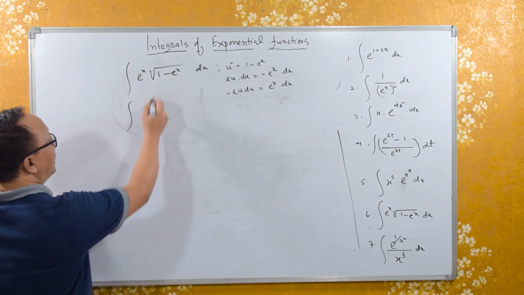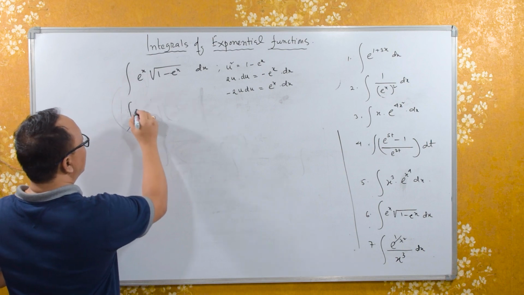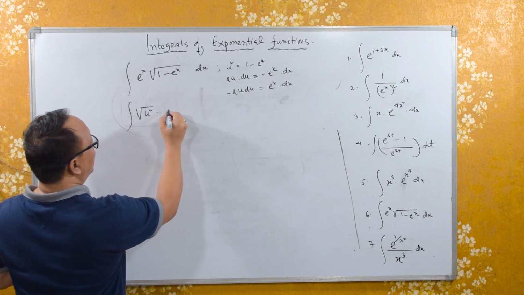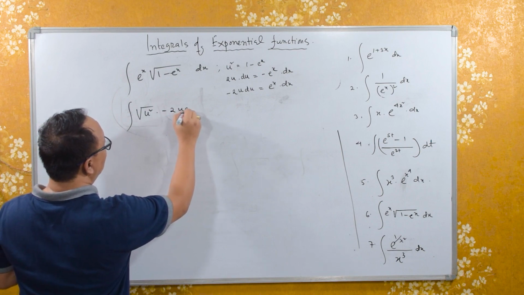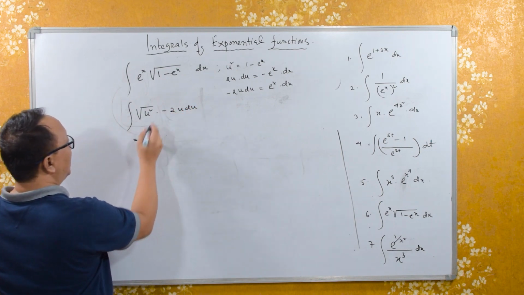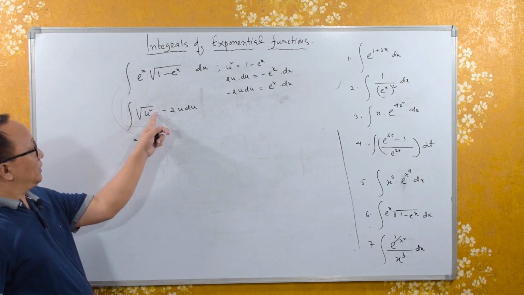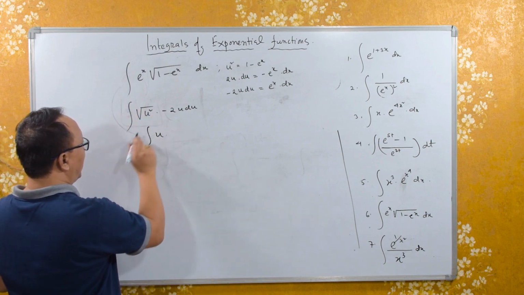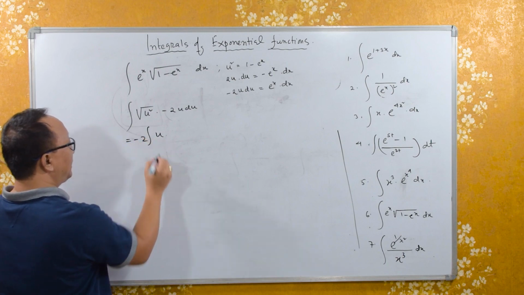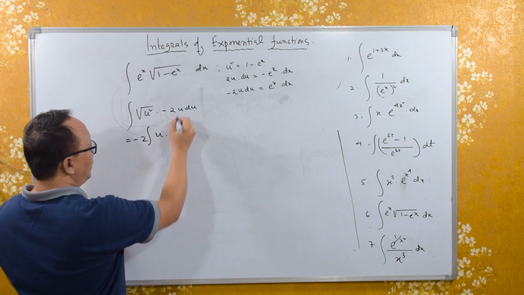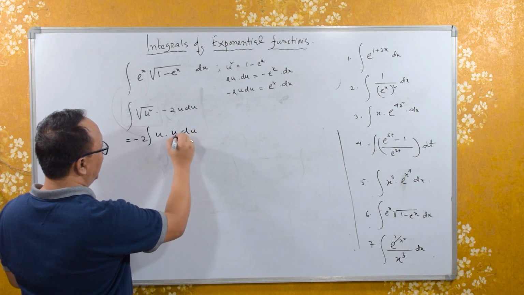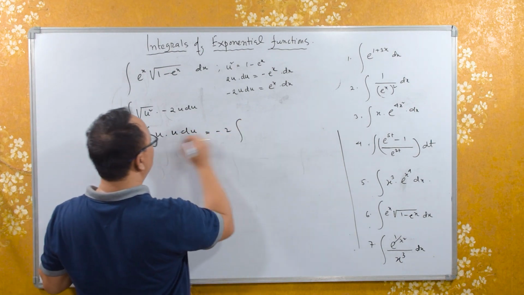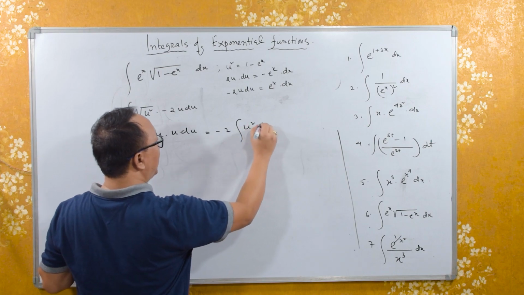So therefore this, what is this? Square root of u square into minus 2u du. The square root and square get cancelled, and it becomes the integral of u; minus 2 I can send outside of the integration, so minus 2 into u into u, which becomes u square du.